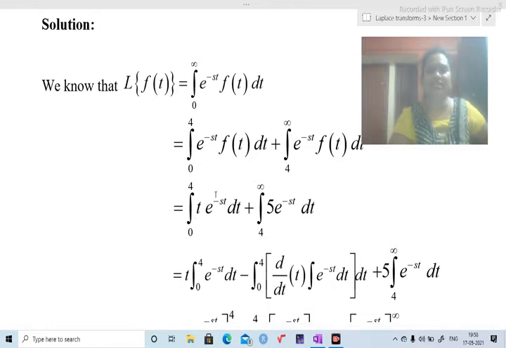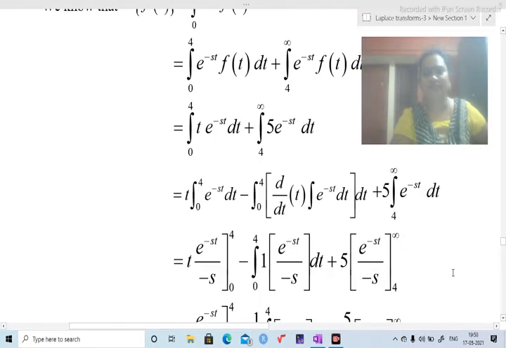To solve this integration, we are going to use the product formula, that is first function into integration of second minus integration of differentiation of first function into integration of second function dt. Here 5 is constant, put aside and write down the remaining function.